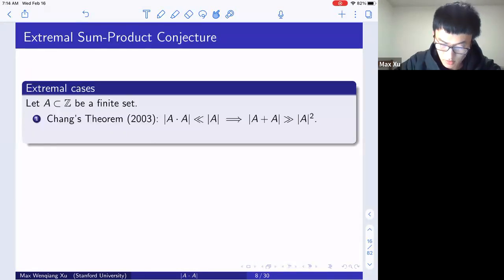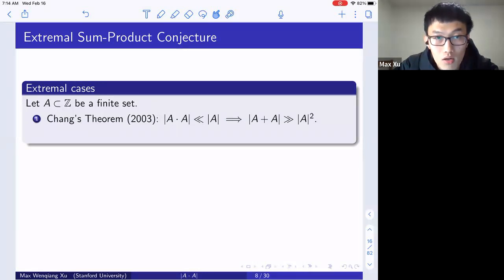So the question I'm interested in today is about some extremal cases of the sum-product conjecture. By extremal cases, I mean if we assume that one of the quantities is small, small meaning very close to the theoretical minimum value.